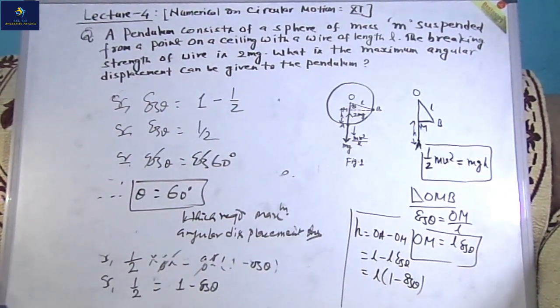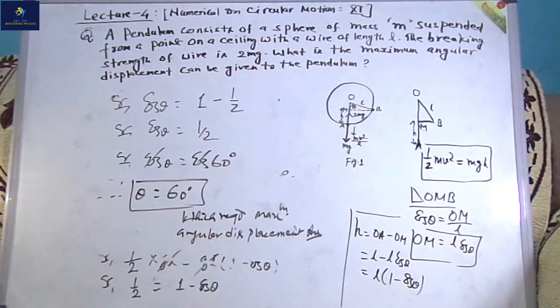Okay, so on the basis of that concept, breaking strength or maximum tension, first we found the value of v square at point A, and as it moves from A to B, we can use the concept of loss of kinetic energy is equal to gain of potential energy.